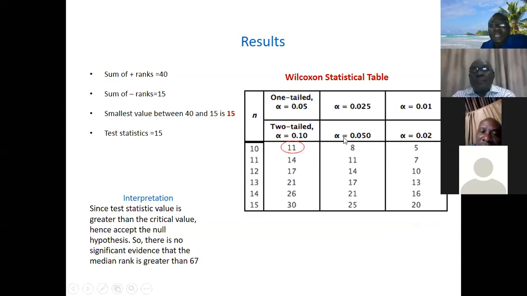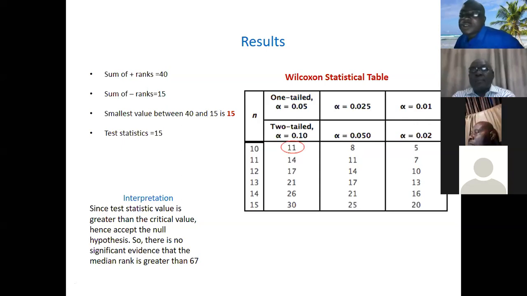You have to know the level of significance you have set; we are using 0.05. So what you are having is the critical value for that sample size. Anything that is less than that critical value will be significant, but if your value is more, it will not be significant.